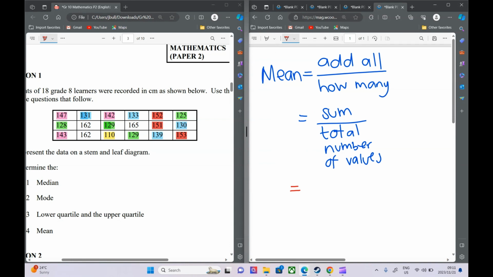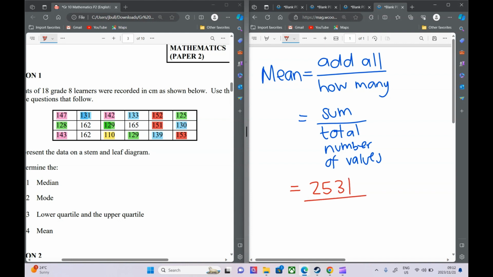So we're going to go 147, add 128, add 143, add 131, add 162, add 162, add 142, add 129, add 110, add 133, add 165, add 129, add 152, add 151, add 139, add 125, add 130, add 153. If you add all those up, the total is 2531.